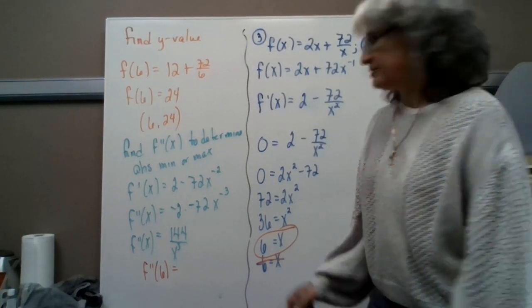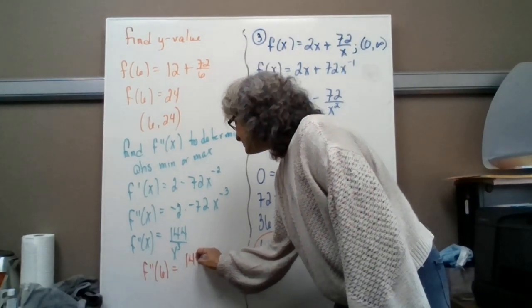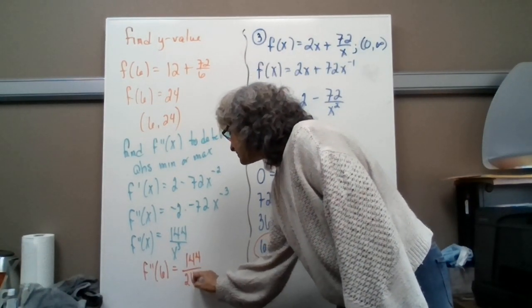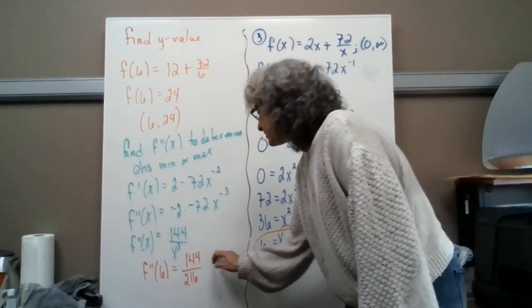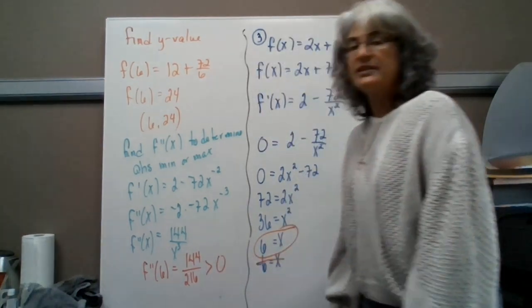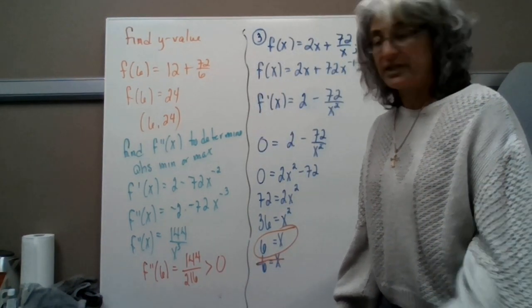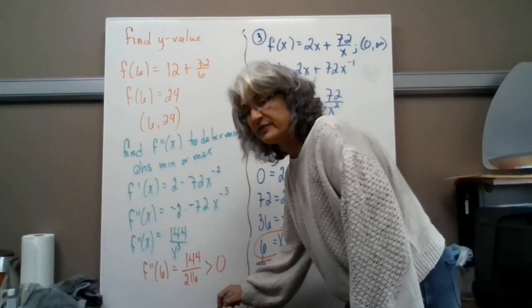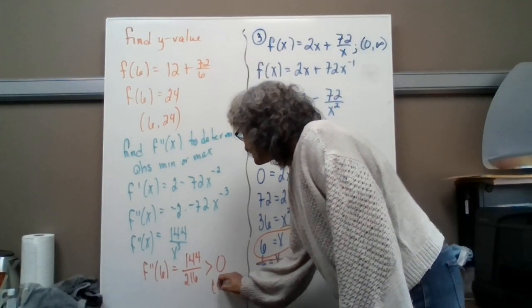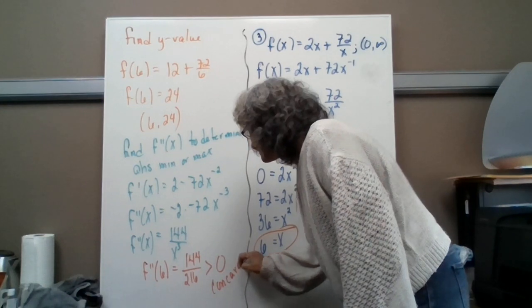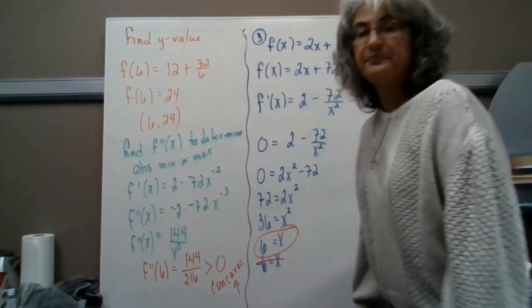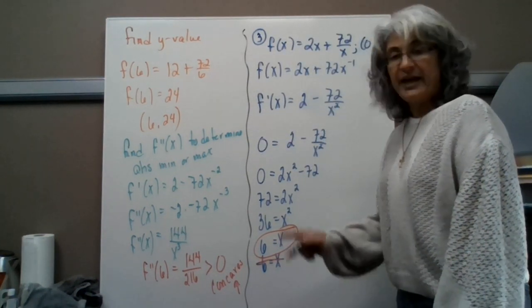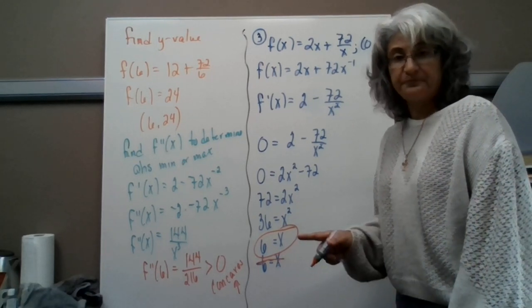And the number, I don't care if it's a fraction, is definitely greater than 0, which means it concaves which direction? Remember, second derivative deals with concavity. This concaves up, which means I have an absolute minimum, don't I?